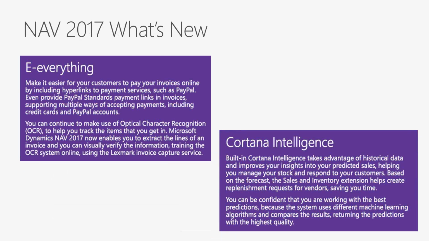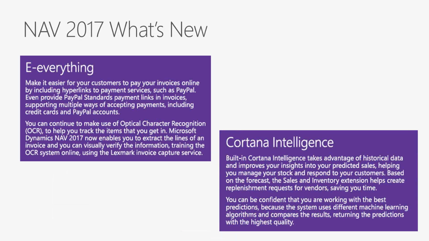And then getting to the bullet points of that third column, the everything, being able to tie into payment services like PayPal to get you paid quicker. As you start to, again, going back to the topic of this webinar, building value for a NAV 2017 project, does having things like PayPal, or being able to send out links within invoices coming out of NAV that give your customer the ability to click the link and pay that invoice, does that save you on collections people?